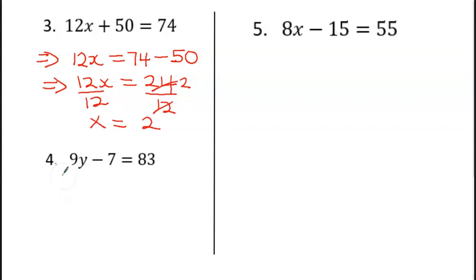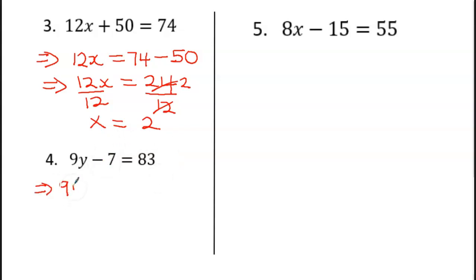Now let's look at the next one. 9y minus 7 is equal to 83. Here it is minus. So to get rid of this, we add 7 to both sides, or we move 7 to the other side.